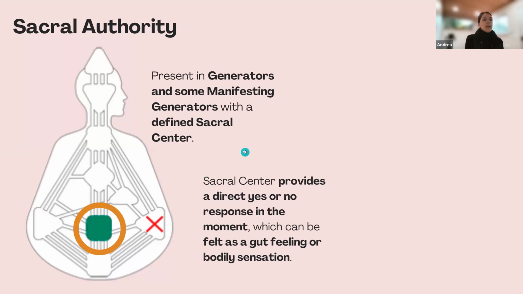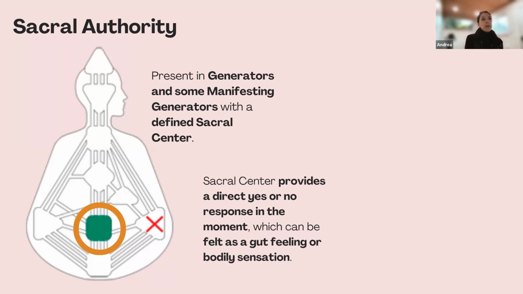It's often felt like a gut feeling, like when people say trust your instinct. That resonates for people that have sacral authority, but not so much for others. This is, again, why human design can be helpful in some regards, for helping people understand why some things might make sense for some people and not for others, because based on human design, not everyone is built the same way or has the same energy flowing.